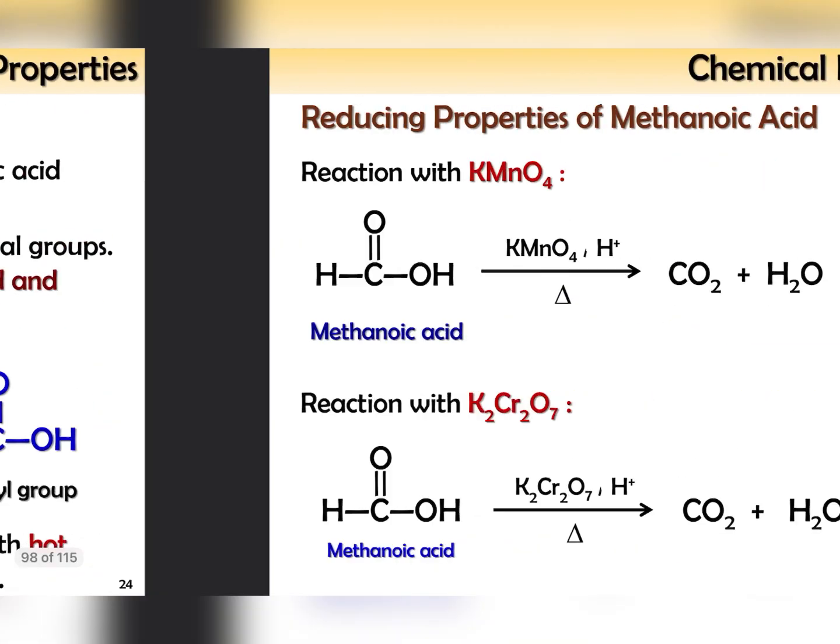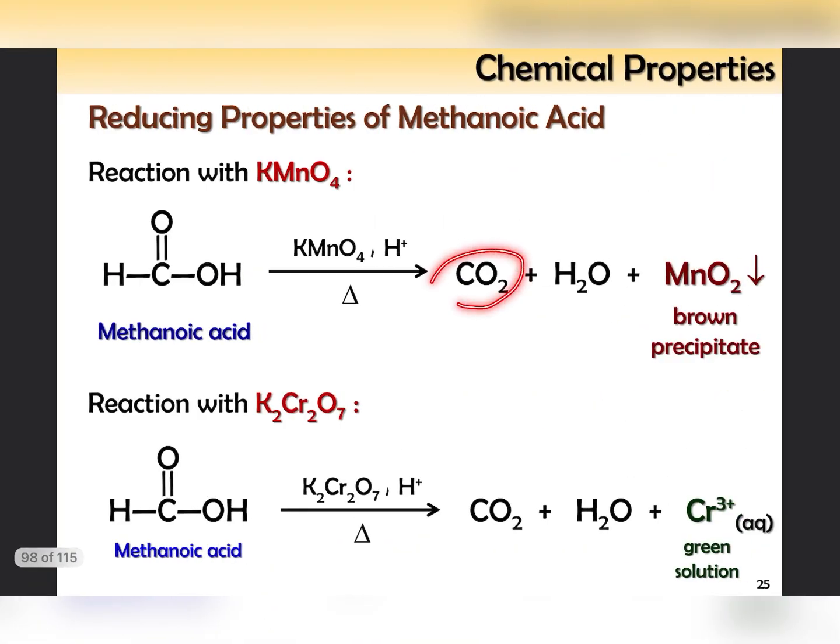So the product is, you will form CO2 and H2O, and if you use acidified KMnO4 with heat, you will get MnO2 precipitate, a brown precipitate. So if it reacts with potassium dichromate, K2Cr2O7, acidified potassium dichromate with heat, you will get CO2, H2O and also Cr3+, which will turn the solution green.